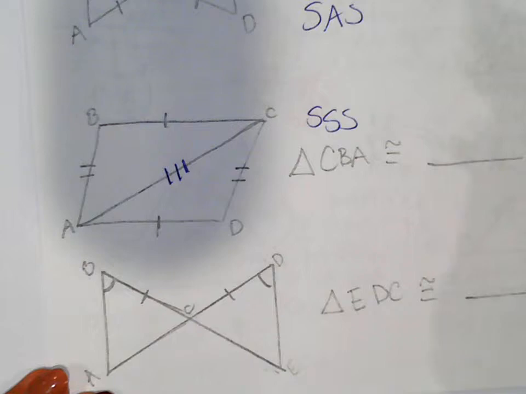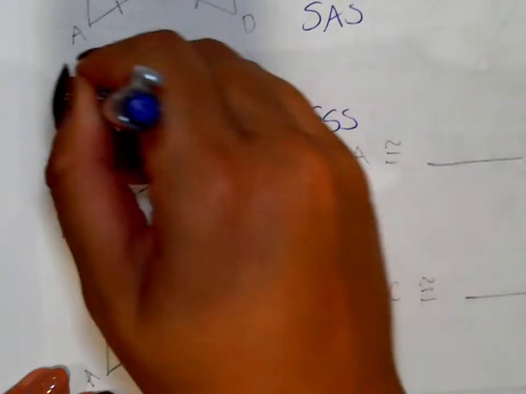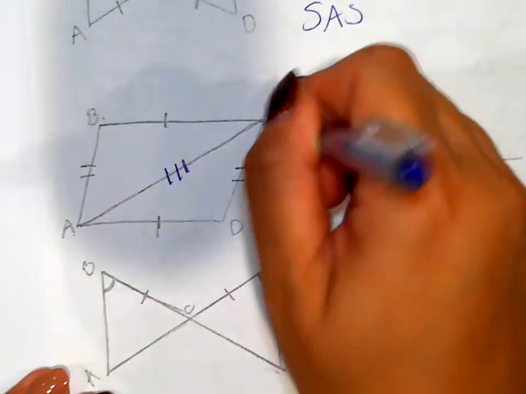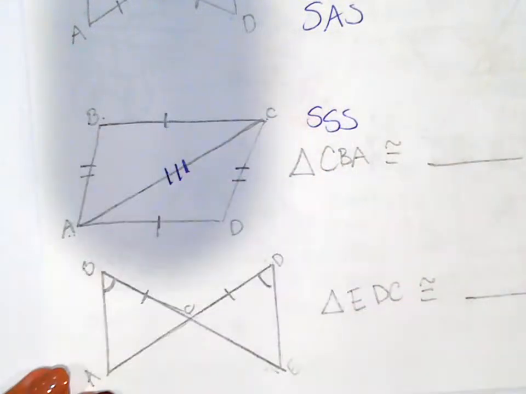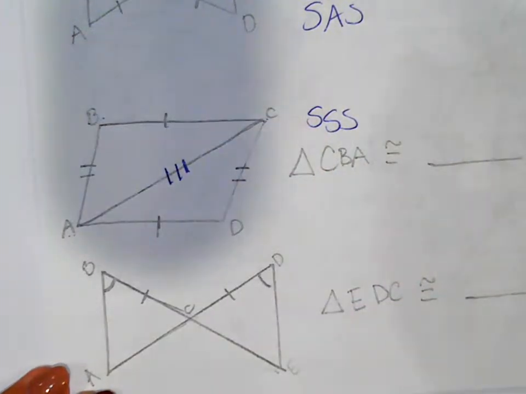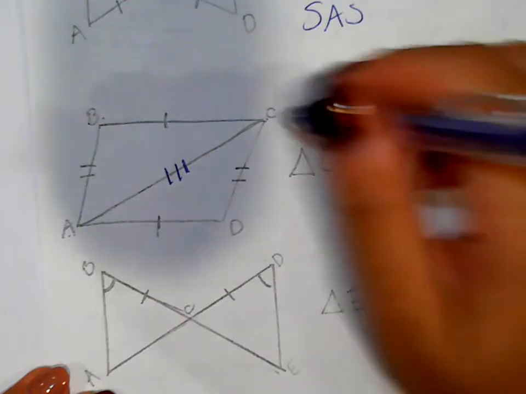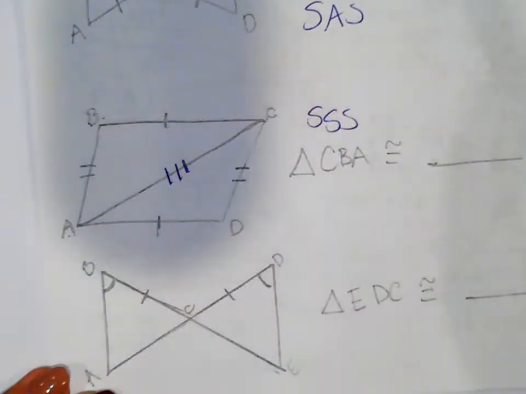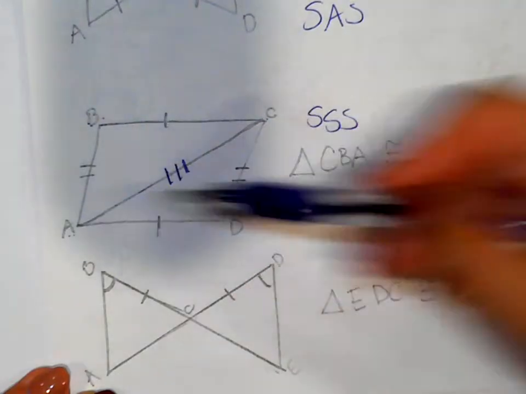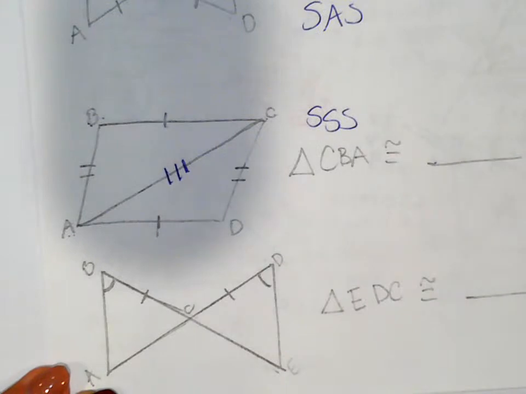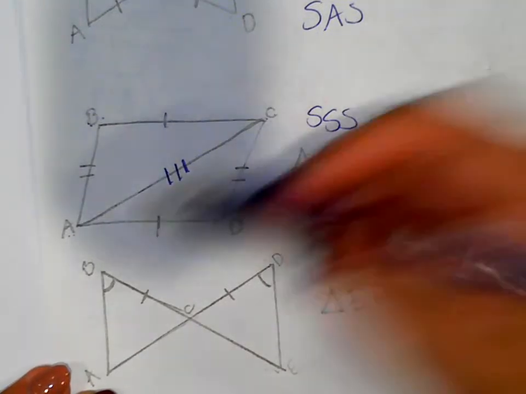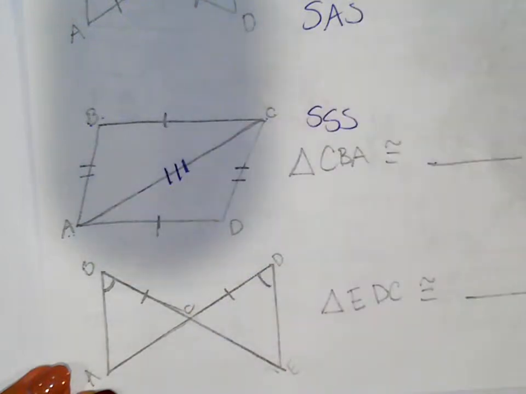I'm using side, side, side for this guy. And they want me to label it CBA. So CBA. Which way do I need to label it to be congruent? Is it going to be CDA or is it going to be ADC? This is where you need to be very careful on which way you write this. If you don't see the triangles, I would definitely use the numbering system again.